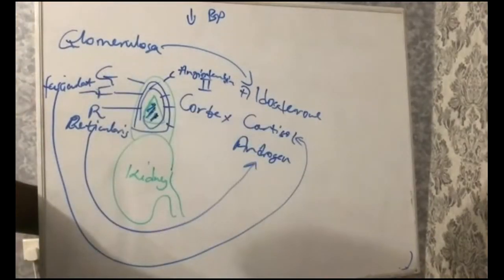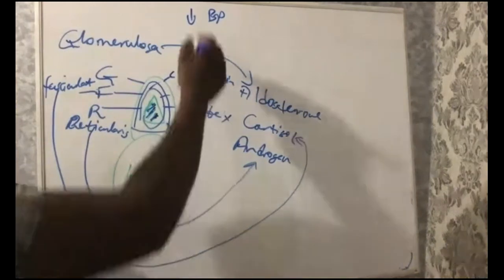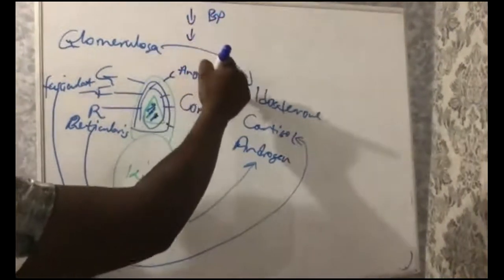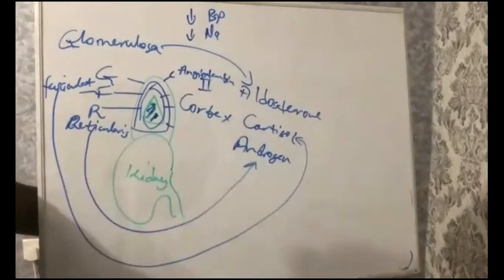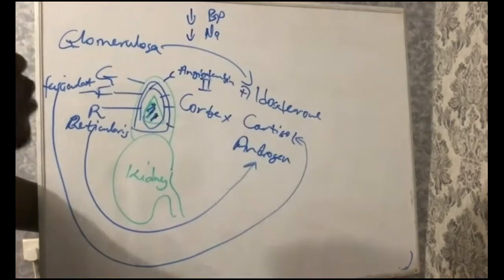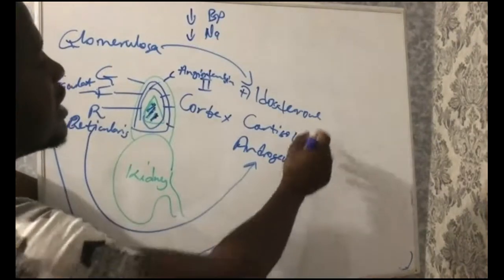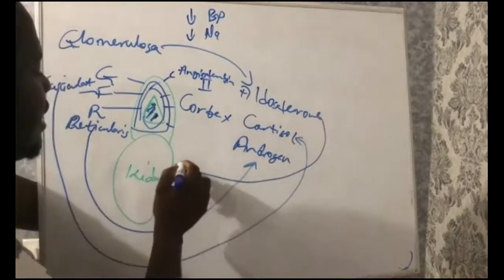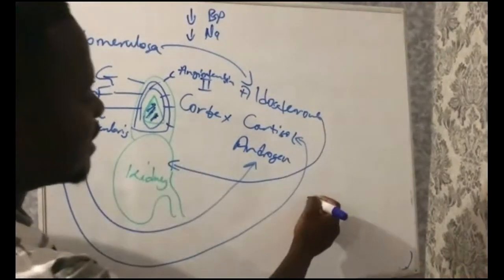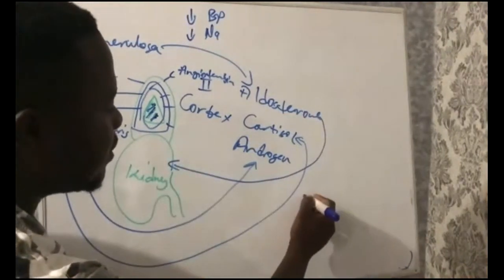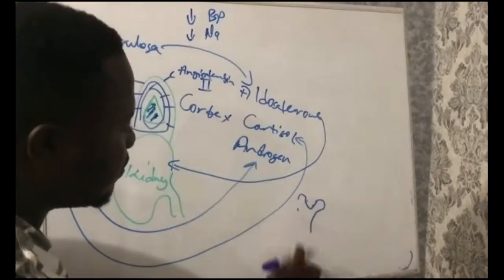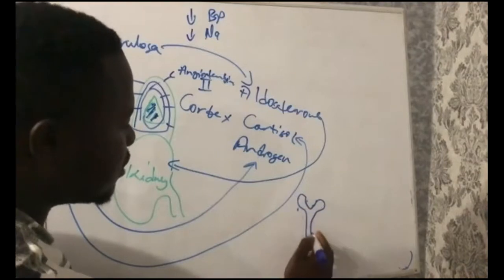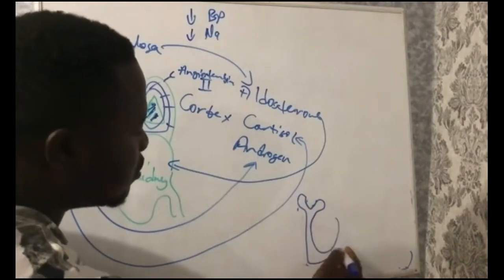Now, one reason why angiotensin 2 is produced is because of loss of what? Low sodium, okay? So once this aldosterone is produced, it will come to the kidney, specifically the distal convoluted tubule.